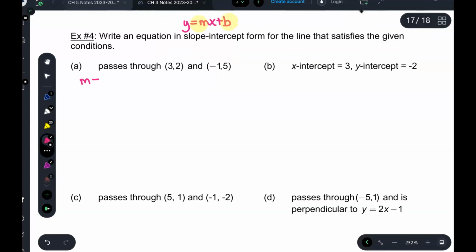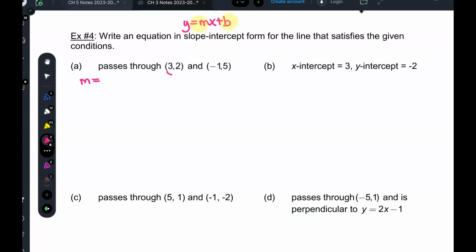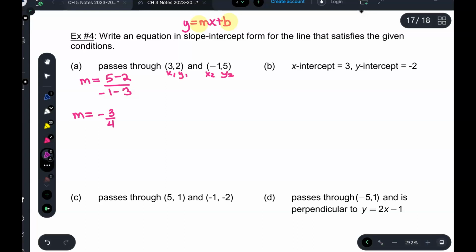Okay, so it's going to be 5 minus 2 over negative 1 minus 3. So 3 over negative 4. So negative 3/4. Good. Okay. Now, there's 2 different ways we can solve for this. We can start with point slope form and solve for y, or, so I'm going to actually show you 2 different ways, and you can pick which way you're more comfortable with.